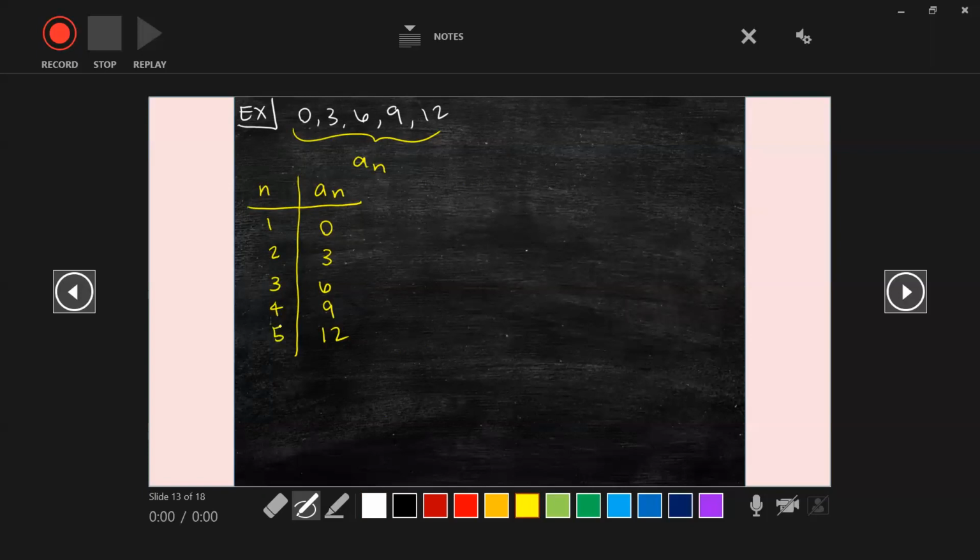And 12 is our fifth. So we would write 0 as being the same thing as A sub 1, because if you notice, whenever my n is 1, the term is 0. So if my n is 1, I'm going to substitute it in that spot to have A sub 1.